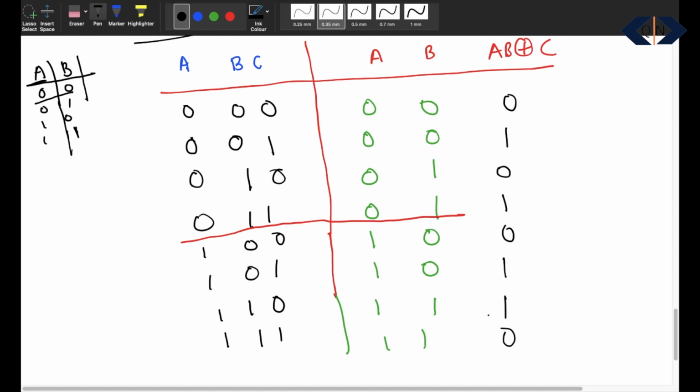So these are input and these are output. From here, AB is input and we are having one output. We know that for 0, 0 it is 0, for 0, 1 it is 0, for 1, 0 it is 0, and for 1, 1 it is 1.